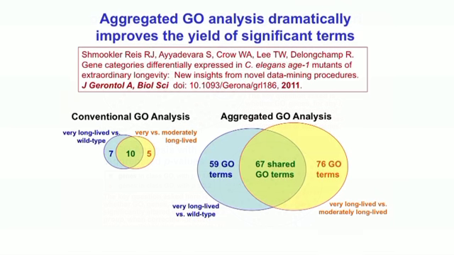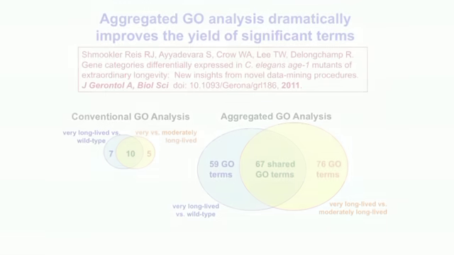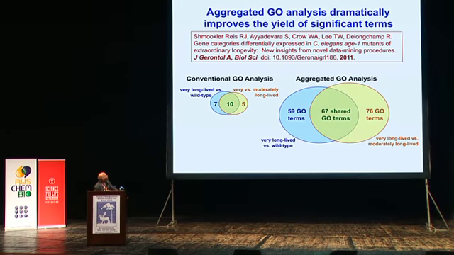Next slide. And so, whereas conventional analysis showed only a total of 12 GO terms that were highly significant in these analyses between the very long-lived worms and wild type, we got well over 100 such categories and literally over 1,000 genes that participated in those when we did the aggregated GO analysis.